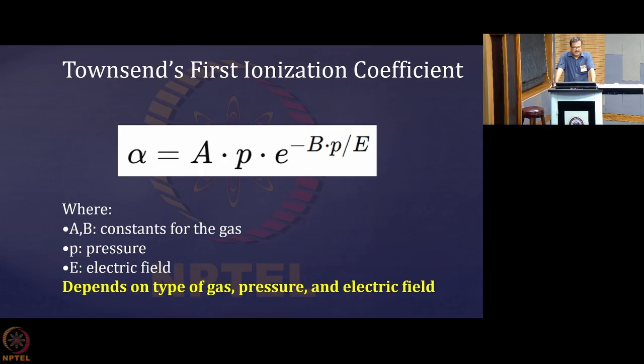Now these constants A and B are dependent on the type of gas, the pressure and the electric field that we have applied there. Of course, these constants depend on the gas itself, and alpha basically depends on the pressure and electric field as well. So the constants A and B will be different for different gases.